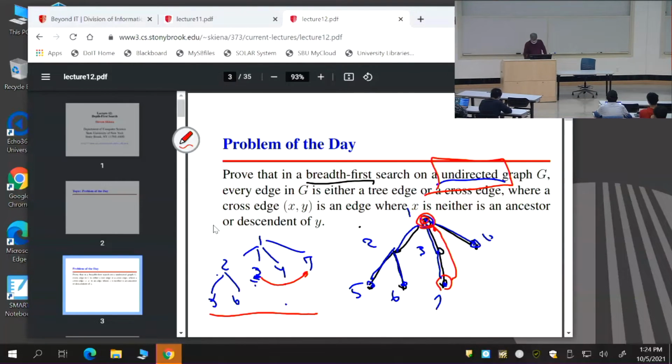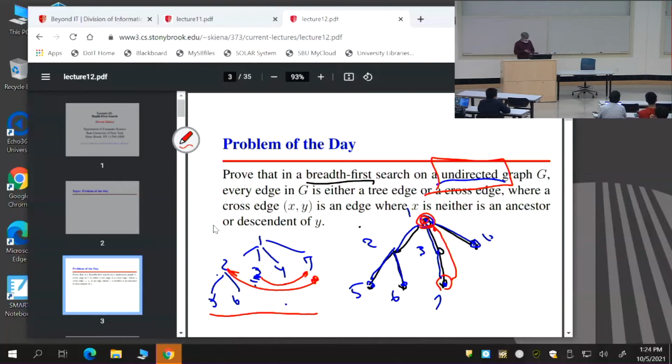In a breadth-first search tree, can we have a cross edge that goes from a younger brother to an older brother? Okay? Yeah?